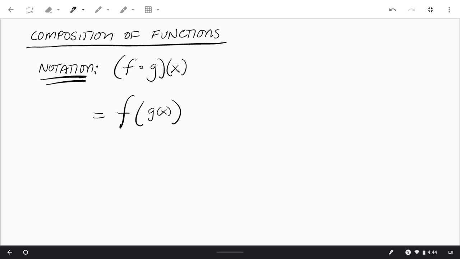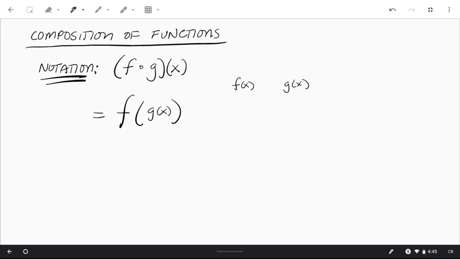Okay, so the domain. We have these three functions: f of x, g of x, and then the composite function, the function composed of these two, f of g.